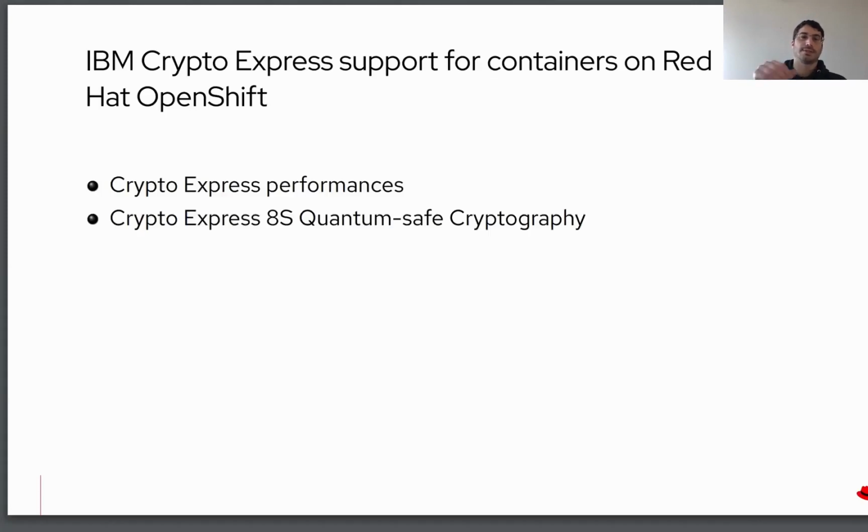Another advantage is obviously that the latest version of Crypto Express also has quantum safe algorithms, ciphers, and so on, which allows you to effectively have all those things available in your container, usable by your application that is running within the container.